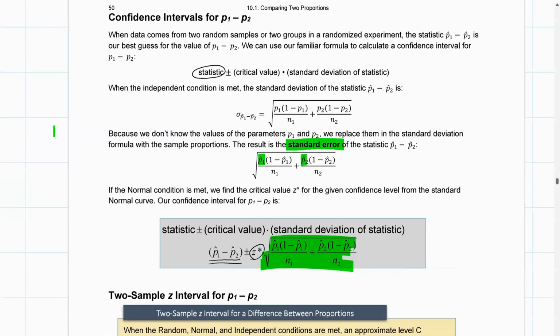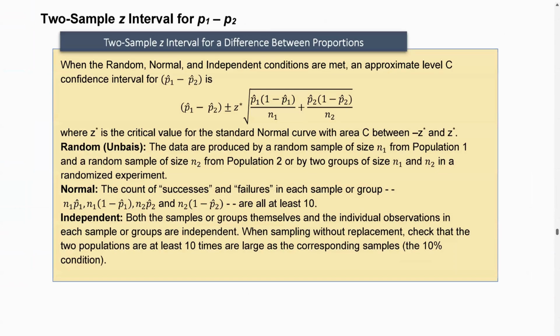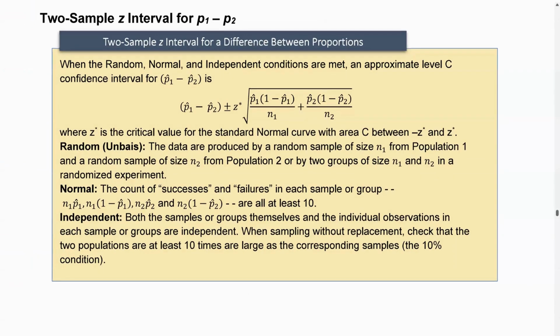Pulling it all together, we have this formula, p hat 1 minus p hat 2 plus or minus z star times the square root. That makes up that standard error. But remember, we can only do this if we meet our conditions.